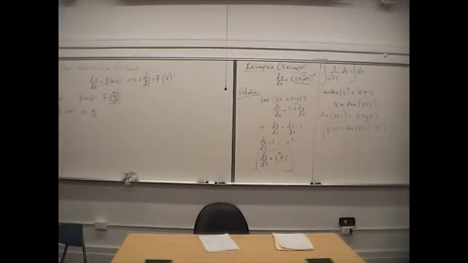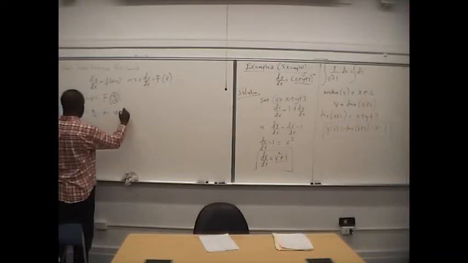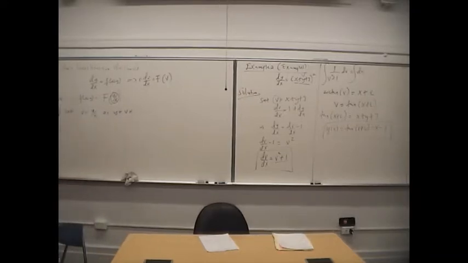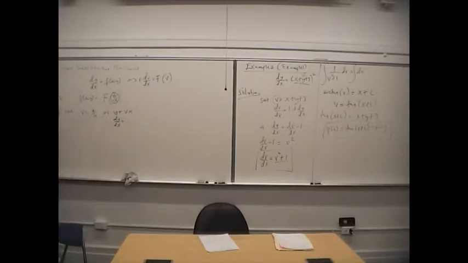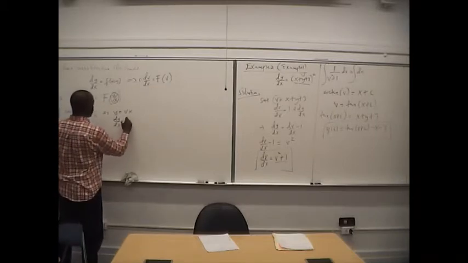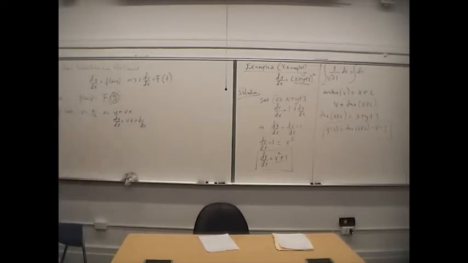Okay. All right. Now, if we make this change of variable, then my y is v times x, and my dy dx, if we think about v as being a function of x, is v plus x dv dx, if I just use the chain rule.